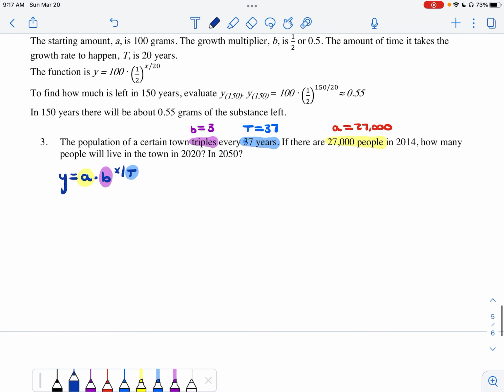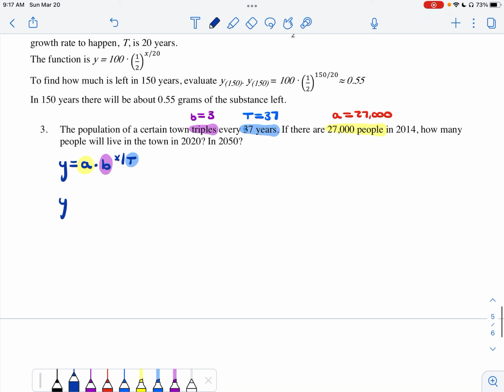Let's put this all together into an equation. We're going to have y equal to 27,000 times 3 to the power of x over 37. It's always a good idea to make a note about what your variables are representing.